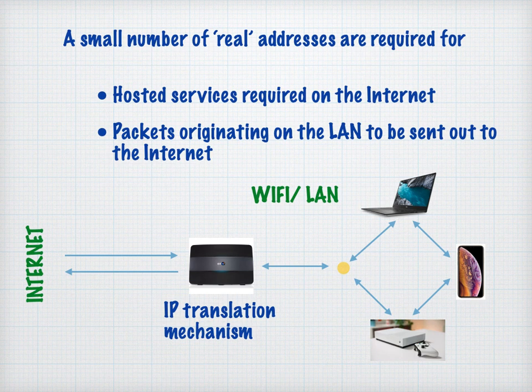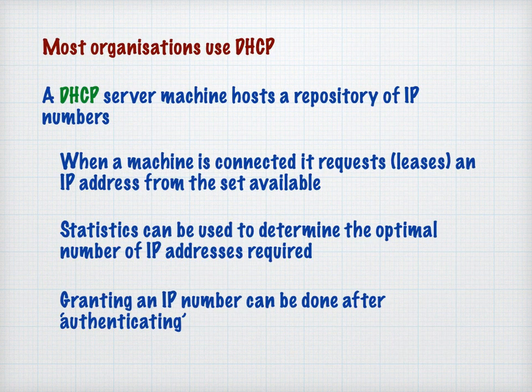Now, most organisations don't want to have to go around to every single device typing IP numbers in. That's obviously not practical if you've got tens of thousands of machines. And you didn't do that when you're at home either. So what most modem routers do and what most organisations do is they run a piece of software called a DHCP server.